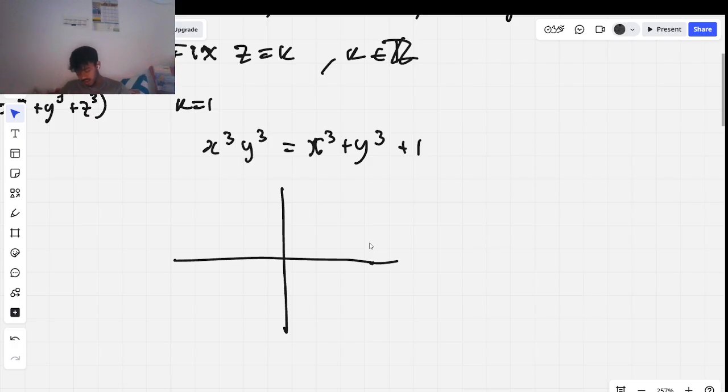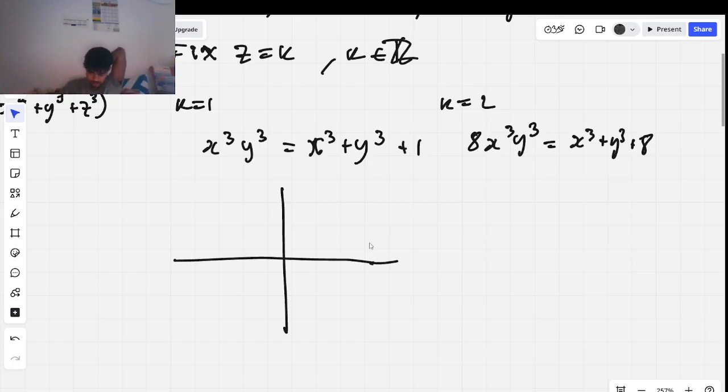Quite an interesting problem. So if k is equal to 2, you have 8x cubed y cubed is equal to x cubed plus y cubed plus 8. So I'm thinking of the 3D shape.